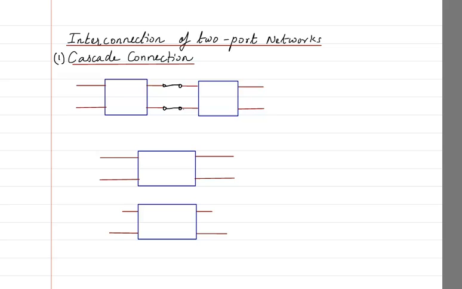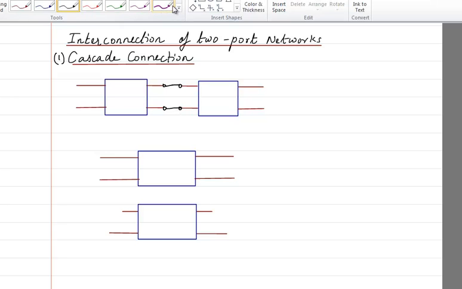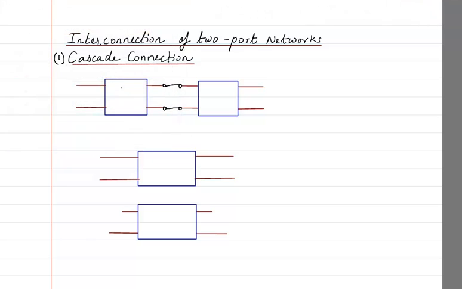Suppose the T parameter of the first network is A1, B1, C1, D1, and let the T parameter of the second network be A2, B2, C2 and D2.